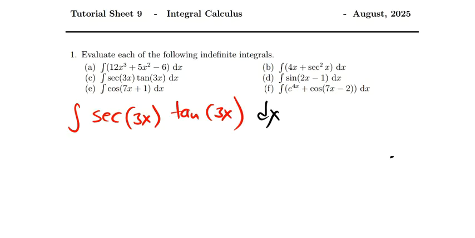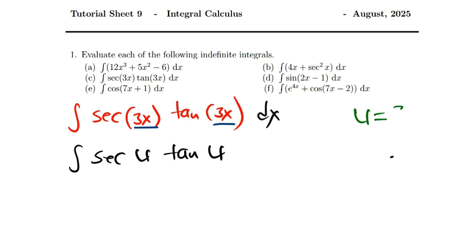Okay, so now we can break this down. So we want to do away with the dx that is at the end, if you wish, but at the end of the day we just end up with a similar answer. So these are the same. We can wish to call them u, so that we have the integral of secant of u and then tan u. Then for the dx, we know that our u in this case, we've made it to be equivalent to the 3x for us to be able to substitute.